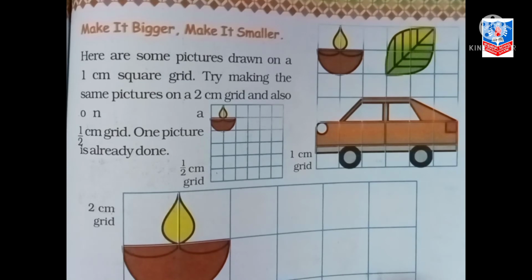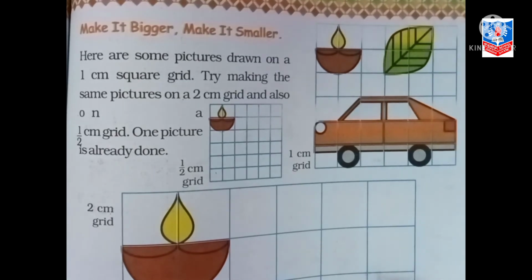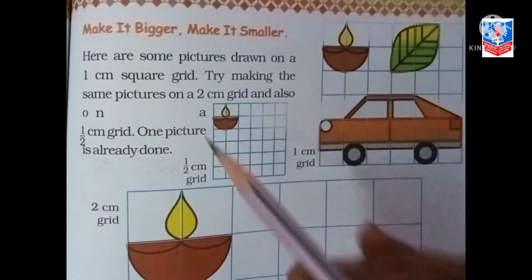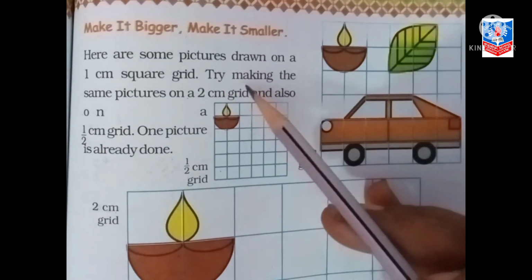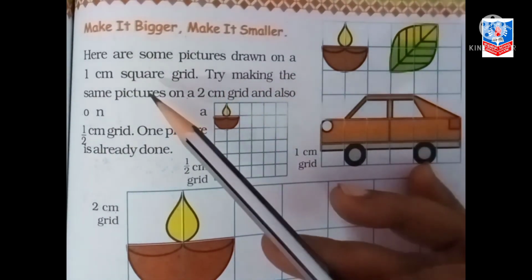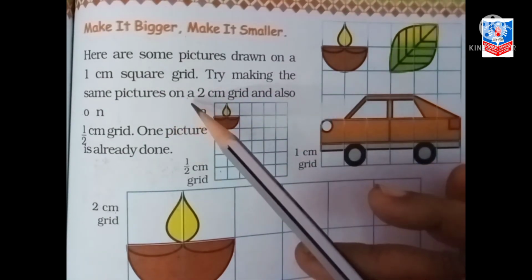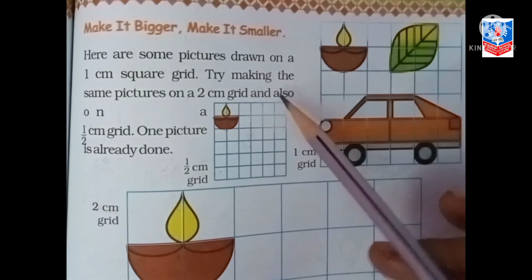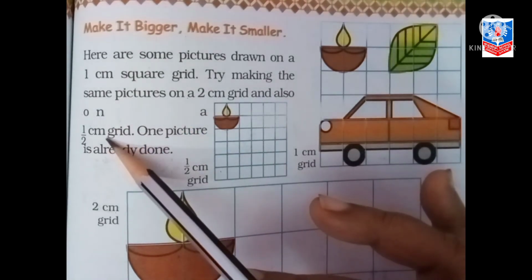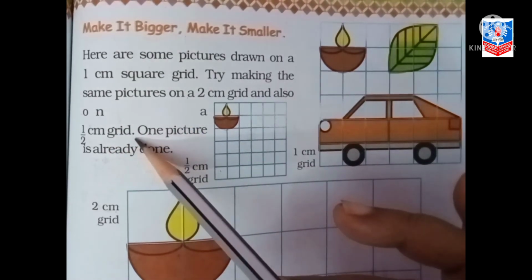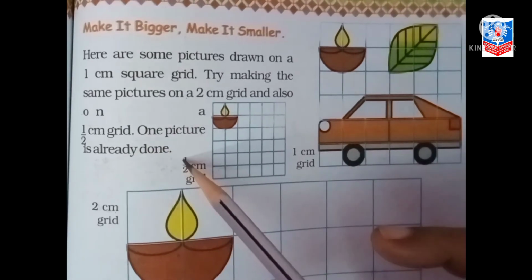Next is make it bigger, make it smaller. Now see, here are some pictures drawn on a 1 centimeter square grid. Try making the same picture on a 2 centimeter grid and also on half centimeter grid. One picture is already done.